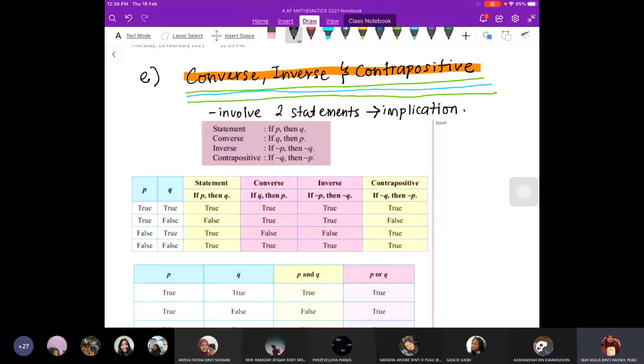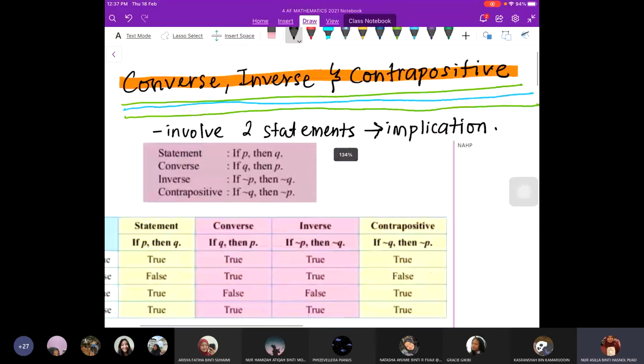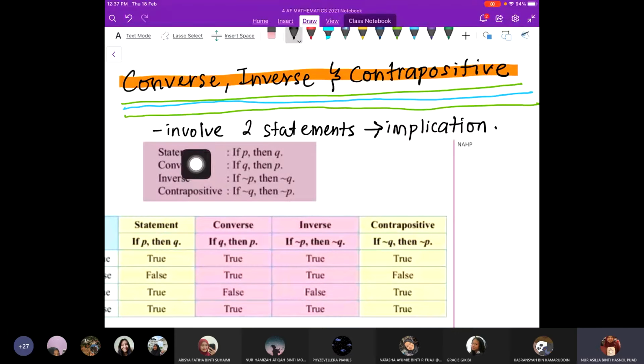Kita dah belajar pasal implication, if P then Q, ataupun P if and only if Q. So dalam implication adanya dua statement, P and Q. So untuk buat converse, inverse, and contrapositive, kita mesti ada dua statement.